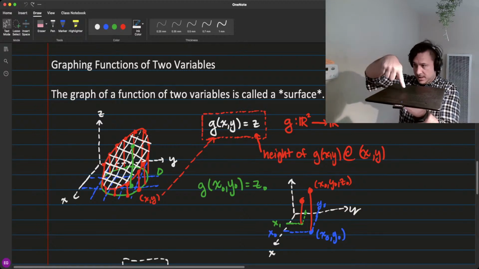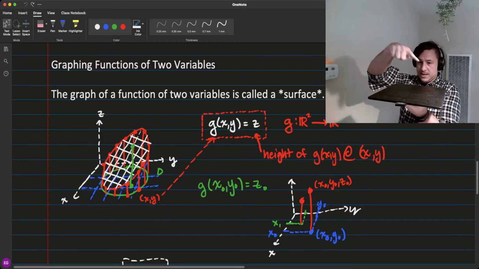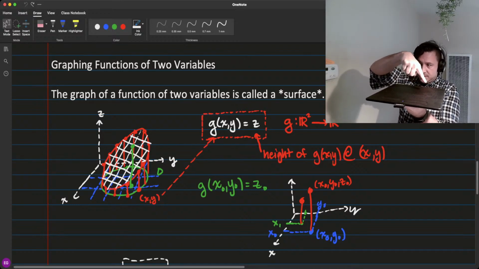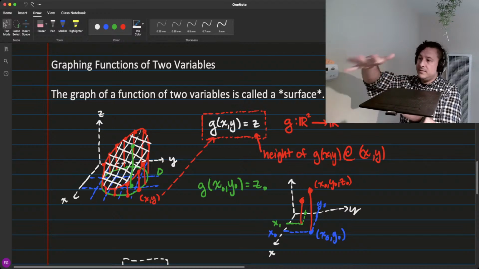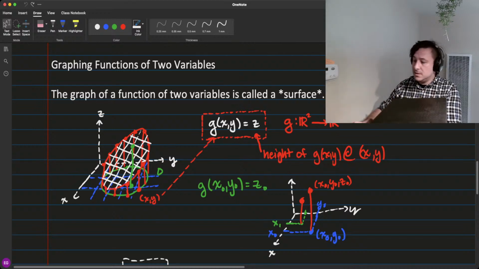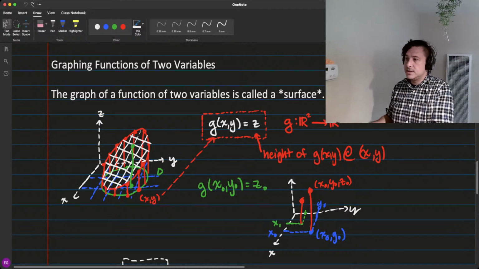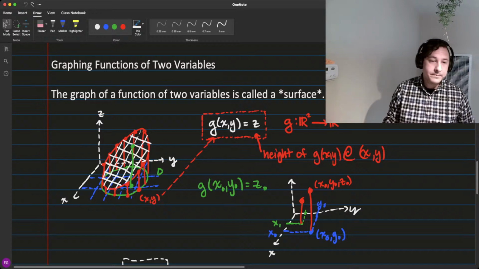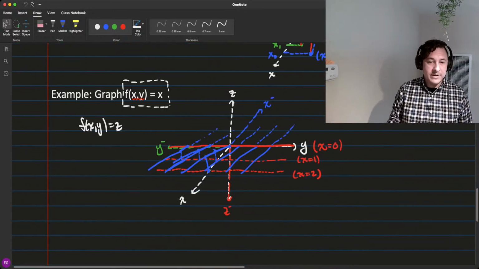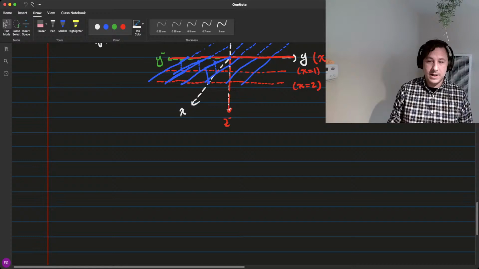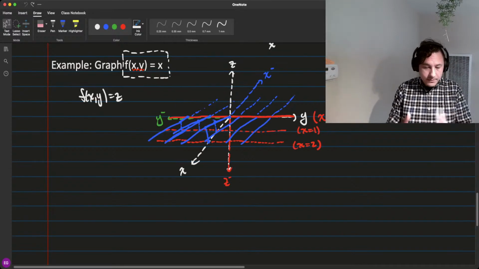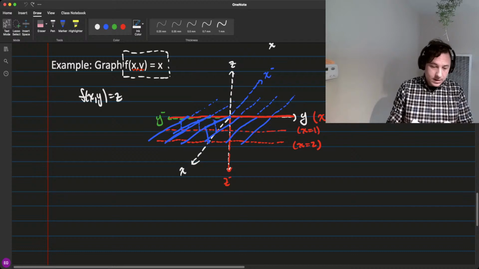So a point right here might give you something this high. A point right here might give you something that high. And that gives you a surface. So what you end up dealing with are surfaces usually. And we're going to investigate more today how all of this works in terms of the graphs.